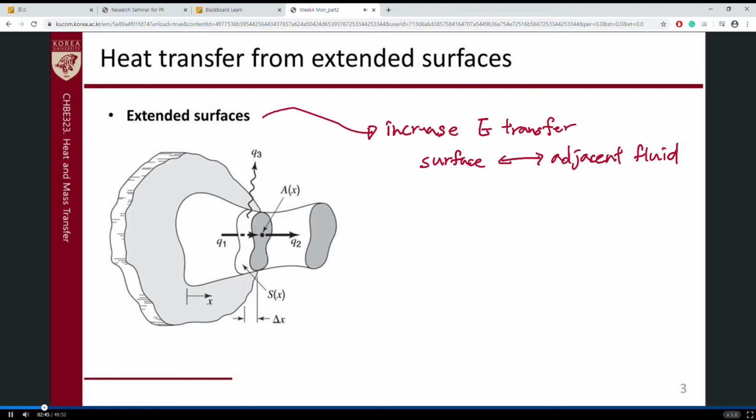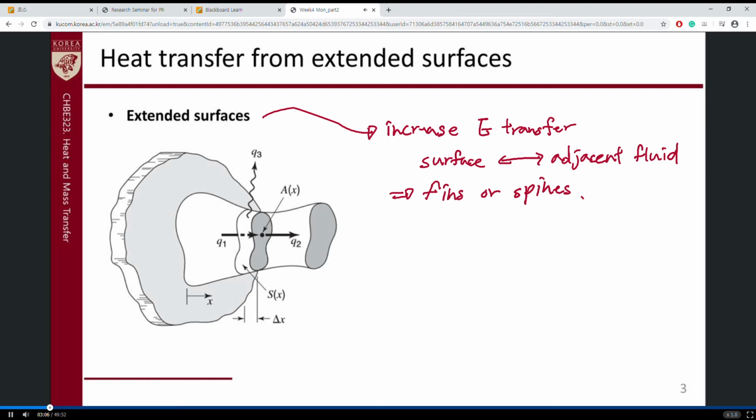To realize this, we usually utilize the extended surface using fins or spines, something like that. Okay, so let's look at this figure.